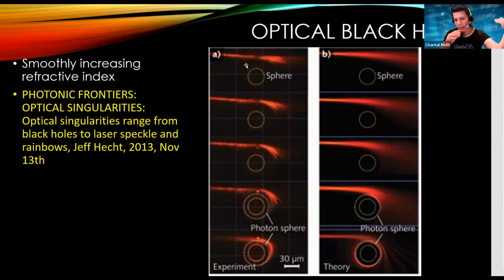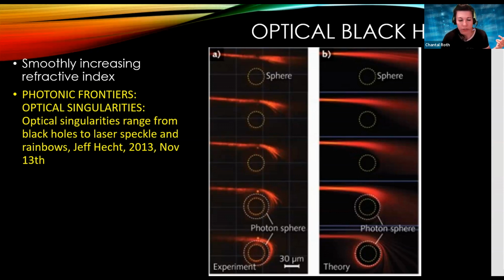And when they shine a laser towards this optical medium, the light waves bend towards the center, as you can see. This is just refraction, right? There's nothing weird about it, but it behaves the same way as a black hole, and they use the same equations. So maybe it's not so strange to think about this in this analogy.